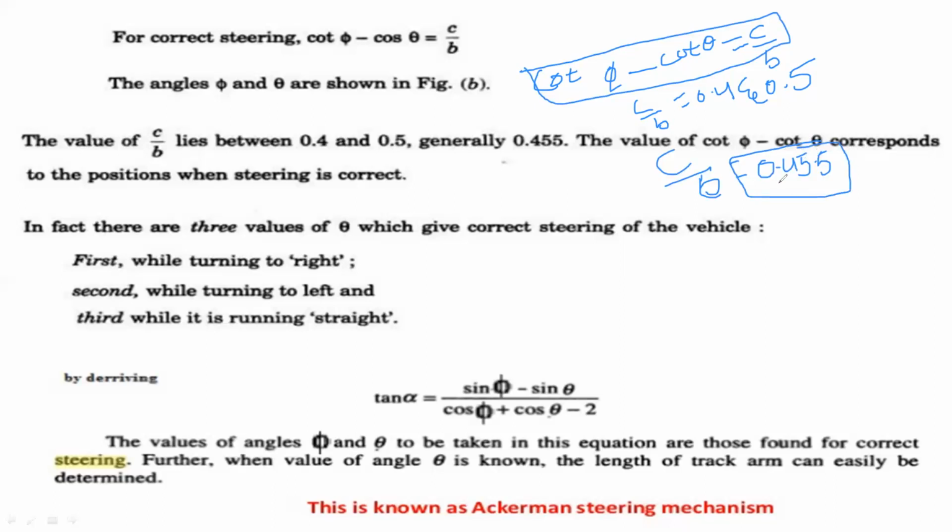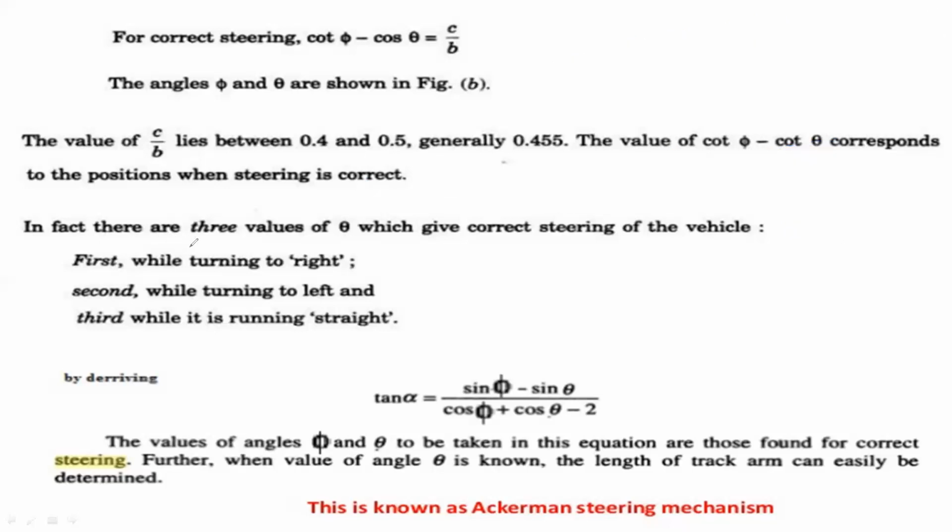So this C by B of 0.455 lies in between 0.4 and 0.5. So that is the correct value, and the steering position is correct in that automobile vehicle.